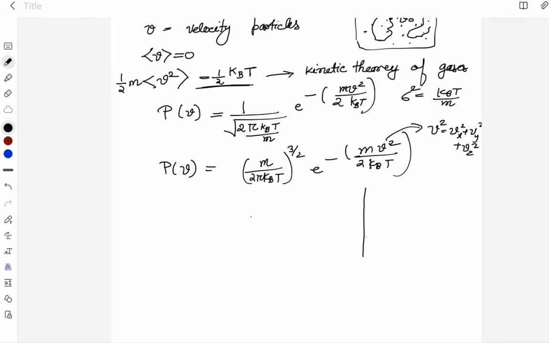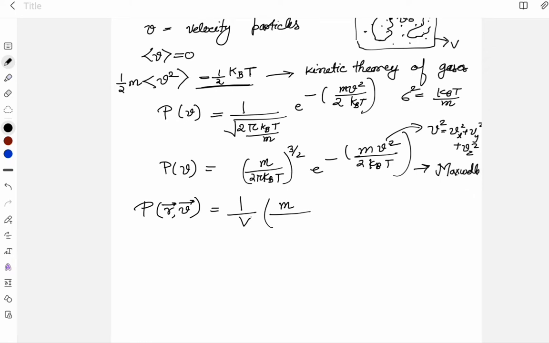I'm not going into the detail, but if you want to know the probability of finding the particle at any position r and velocity v, then it will be simply 1 over V, because particles are uniformly distributed. V is the volume of the container, and the velocity will follow a Gaussian distribution, but this is actually called the Maxwellian distribution.